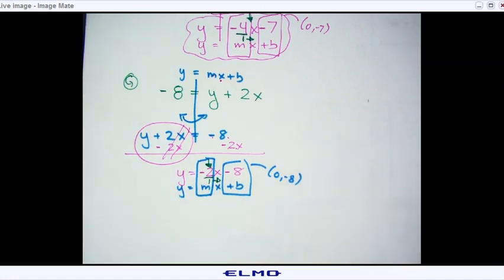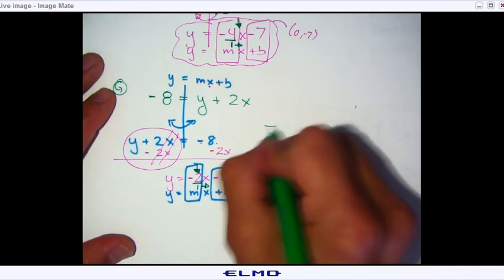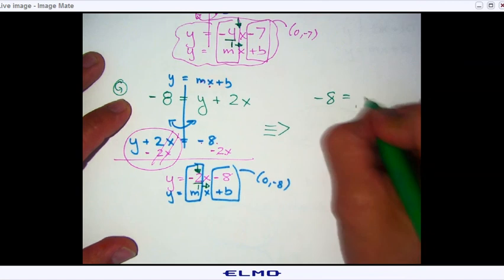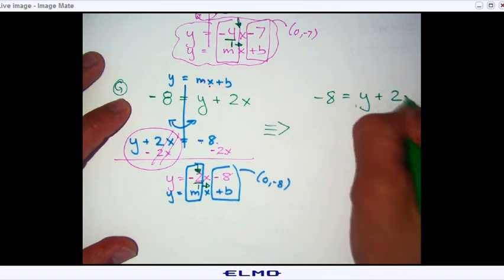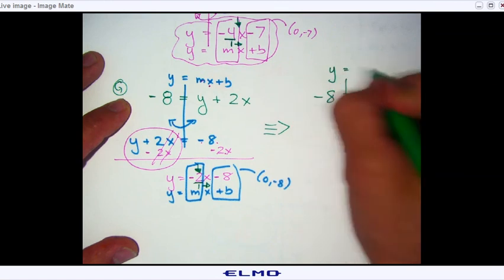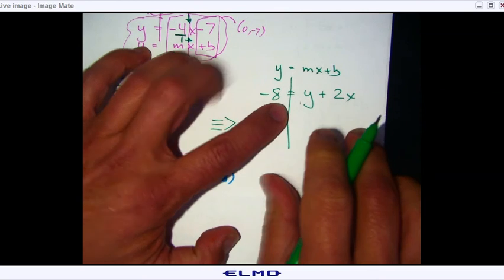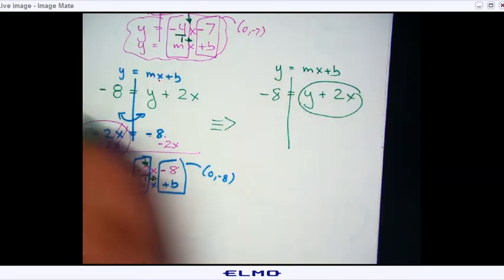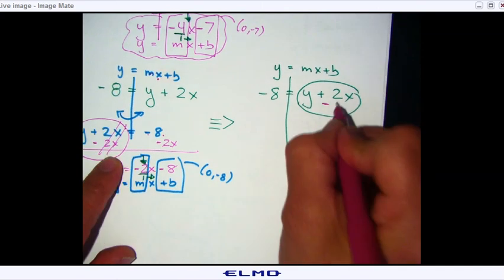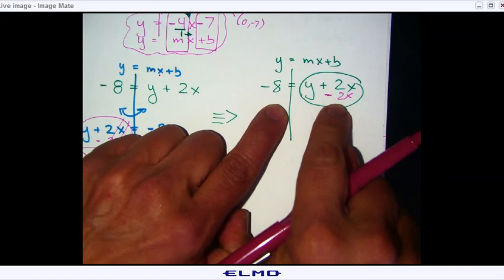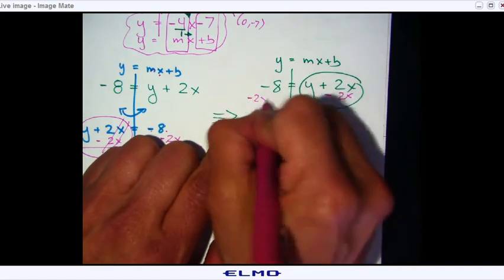Bam. Now the other way, mister, I did it differently. All right. Someone would have done this. Okay, and that's still okay. Y equals mx plus b. Mister, what I did is I took out the 2x first and I put minus 2x. Right? See over here, minus 2x? But they did that first. So minus 2x.